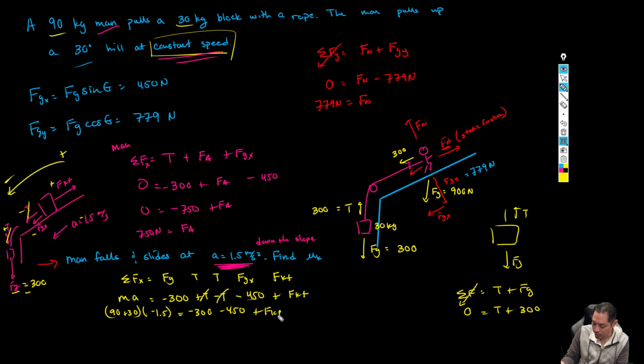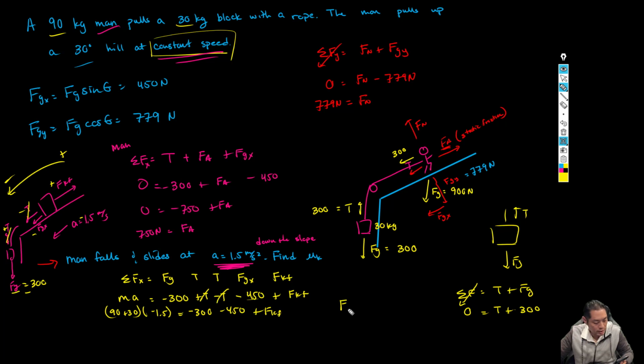I'm just going to solve for this. 90 plus 30 is 120. Hopefully I did my math right. Times 1.5, so I get negative 180 plus 750. Oh, did I do that right?